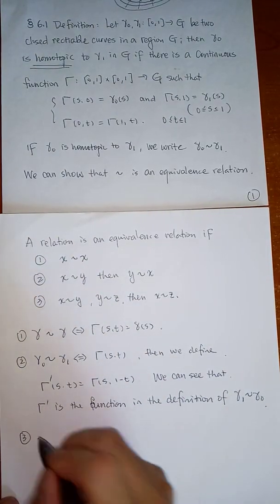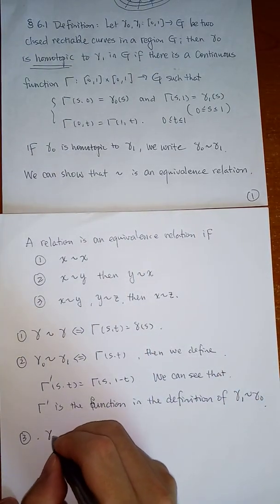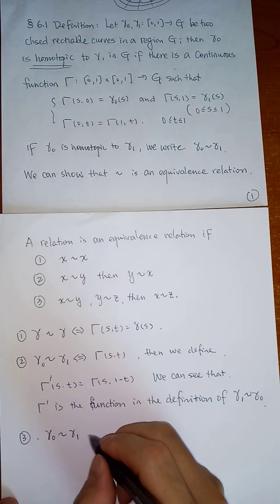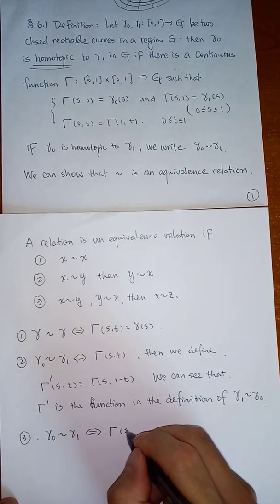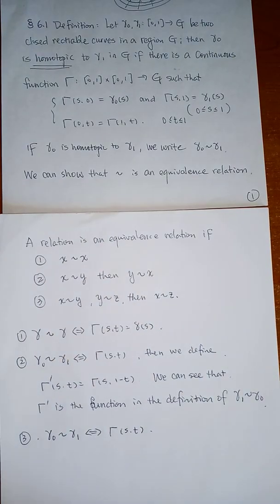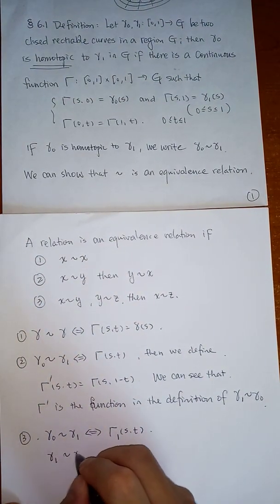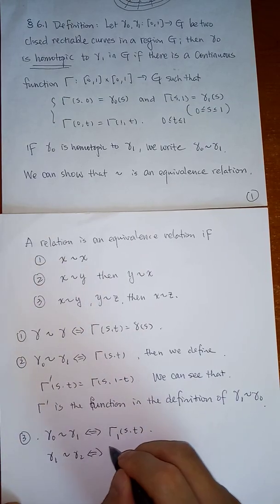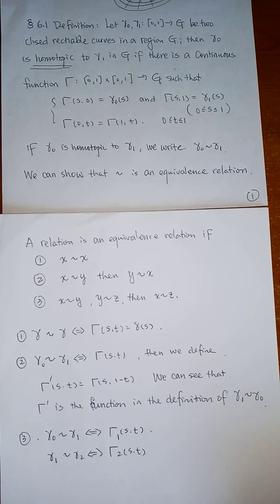Okay, and third, the transitivity. If gamma 0 is homotopic to gamma 1, then there exists a capital Gamma 1. And gamma 1 is homotopic to gamma 2, which means there exists a capital Gamma 2.